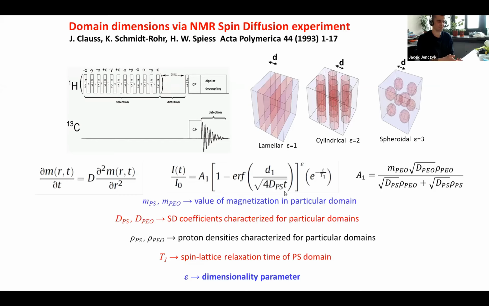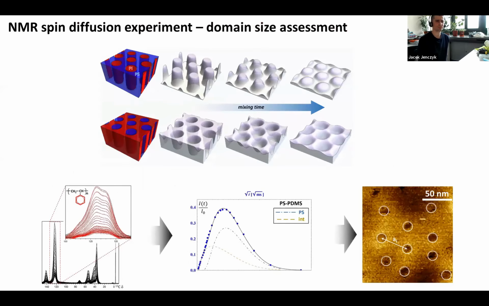So in general, the larger the spin diffusion coefficient, the more rigid the material. And for the soft components, we observe much lower values of spin diffusion coefficients. But nevertheless, using this simple approach, we can estimate dimensions within such systems.